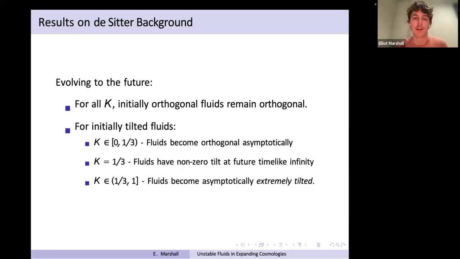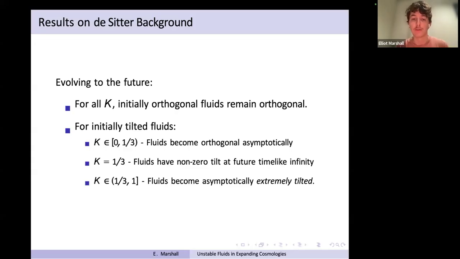So the key takeaway that I want to emphasize here is that k equals 1/3, the radiation fluid, acts as a bifurcation point between two very different types of behavior. For k less than 1/3, we have asymptotically orthogonal fluids, and for k greater than 1/3, we have this asymptotic extreme tilt.